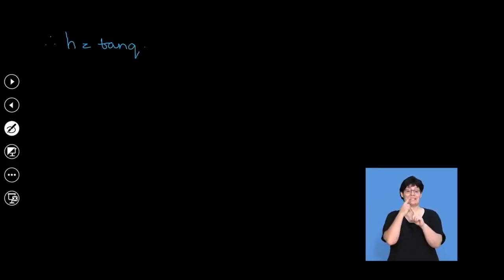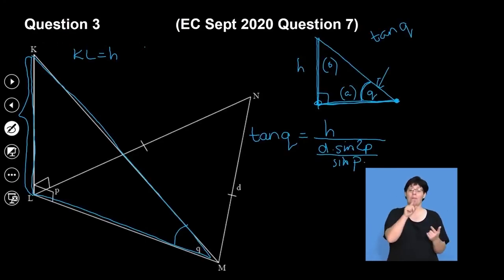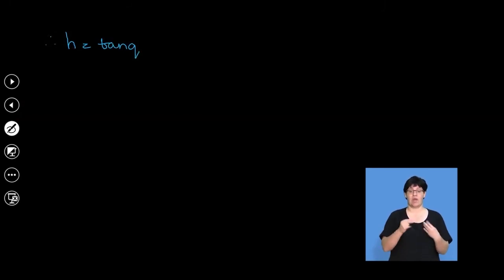So we know that therefore h is equal to tan of angle Q times, and the reason we're multiplying is if we go back, we need to multiply both sides of the equation by this denominator. And that way we're going to isolate the h, and we're going to bring this over to the other side. Okay, so we have tan of Q times d times sine of 2p all over sine of p.